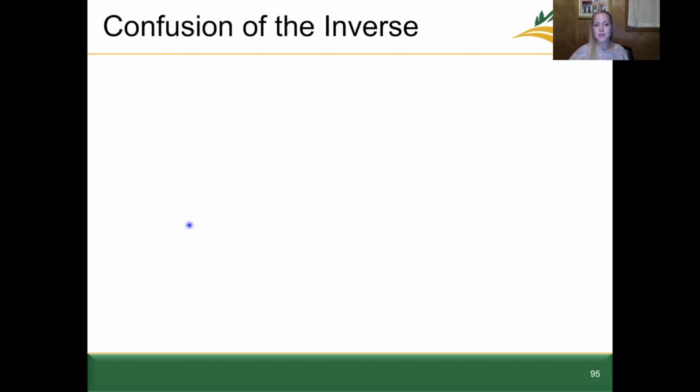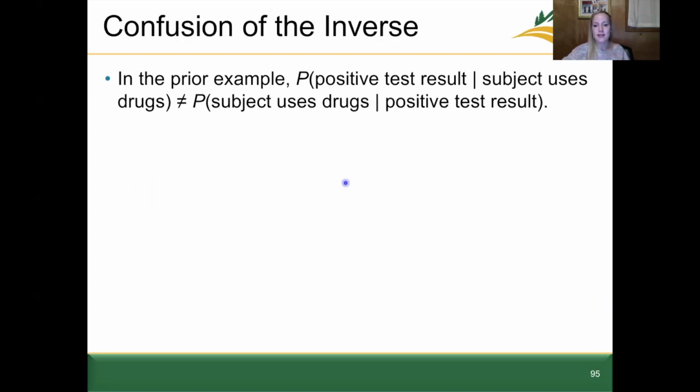That example leads me into this discussion of confusion of the inverse. In that example we just looked at, the probability of getting a positive test result contingent on the subject using drugs does not equal the probability of the subject using drugs contingent on them getting a positive test result.